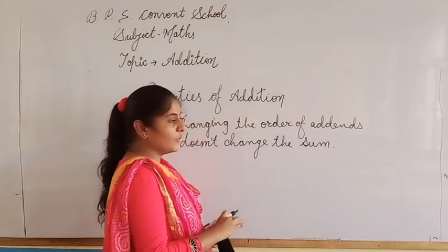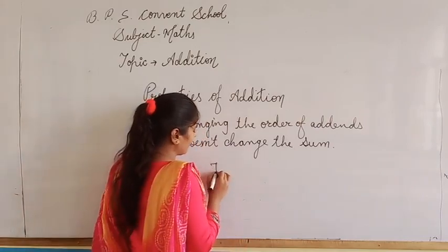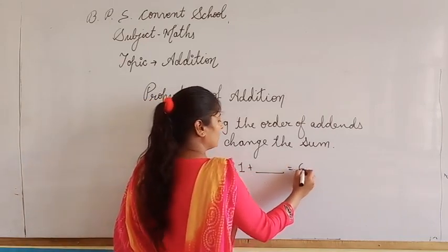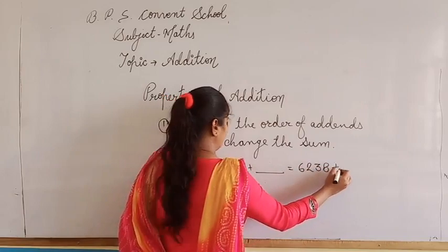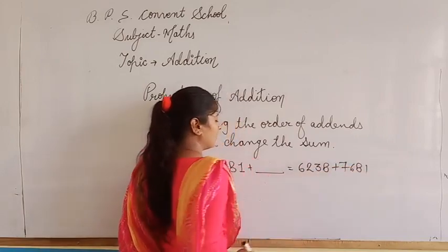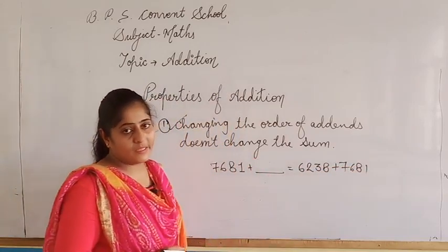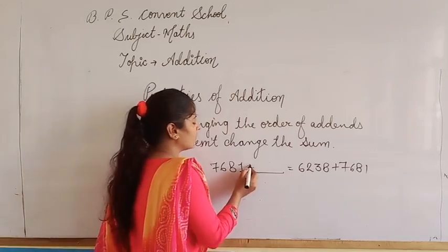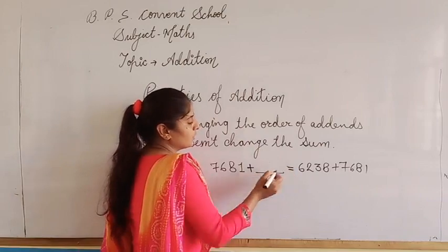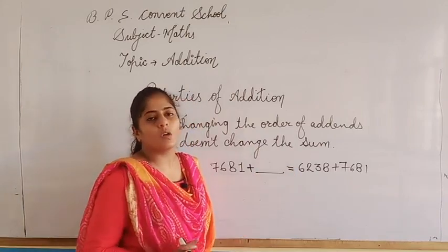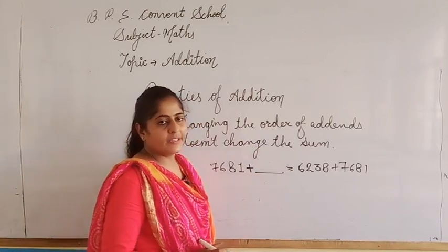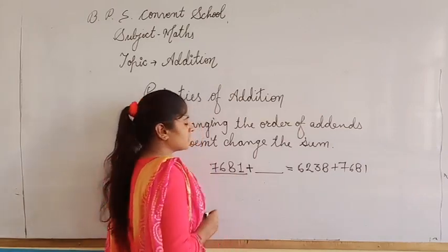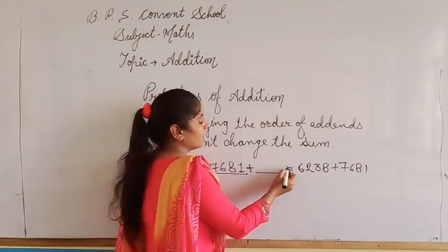With the help of this property, can we fill this blank? Yes, we can fill this blank because we all know that when we change the order of addends, the answer will remain the same.